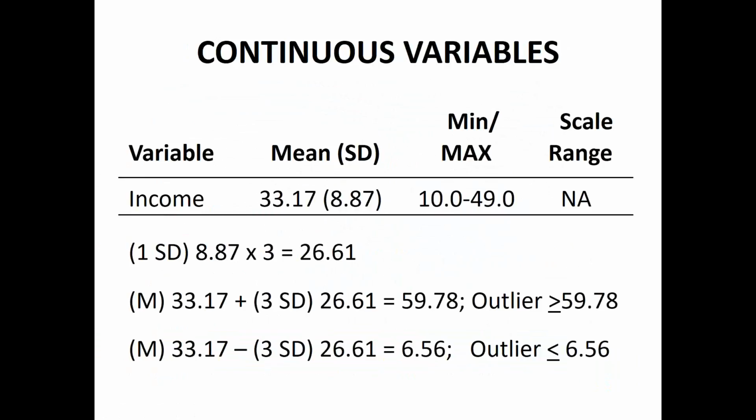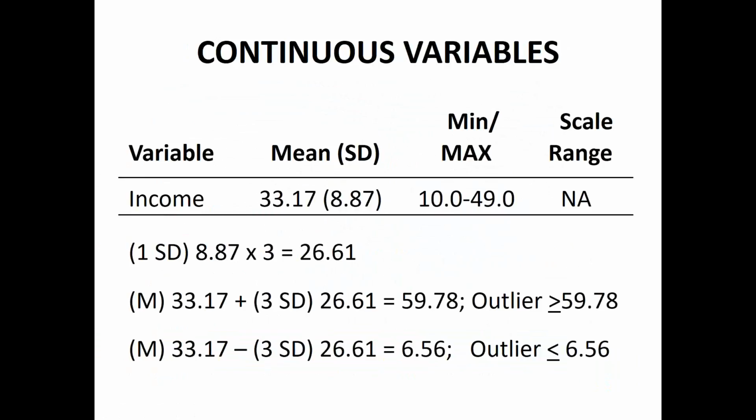So the mean of 33.17 plus 26.61 is 59.78. An outlier at the high end would be equal or greater than 59.78. Our maximum is 49, so it's below that, so there are no outliers above.